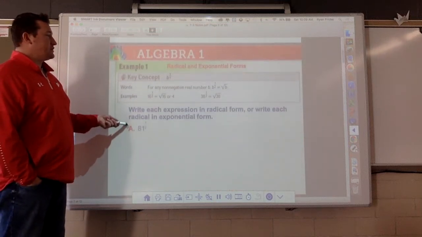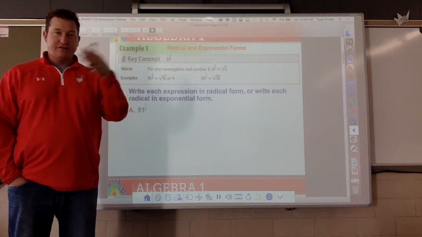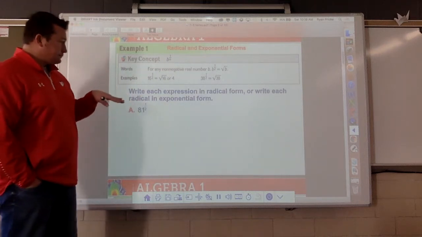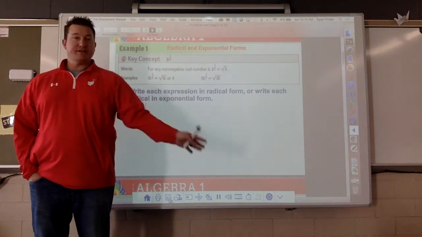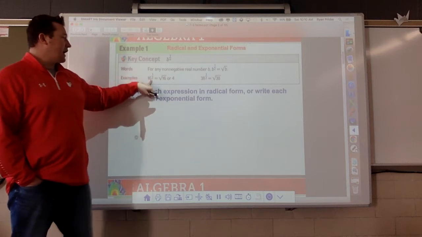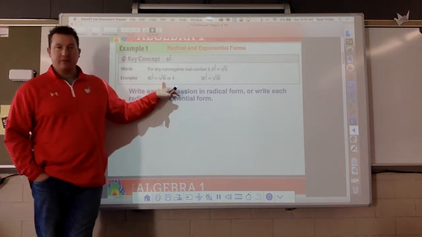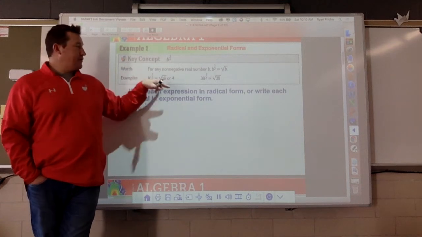So the first thing we're going to do today is literally just writing back and forth into and out of radical form and exponential form. This is not challenging at all, I think, for any of us, okay? Interesting to note, guys, if we take the square root of 16, or any number, right? Again, our calculator tells us what number that is.